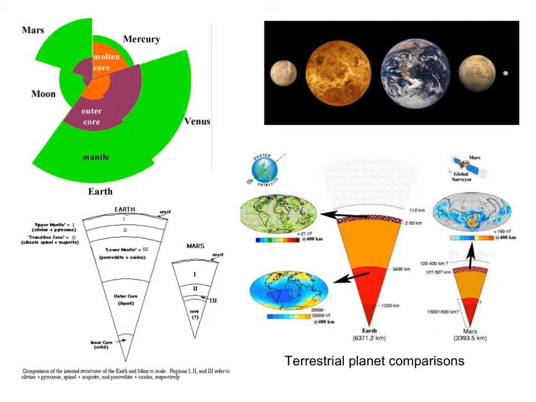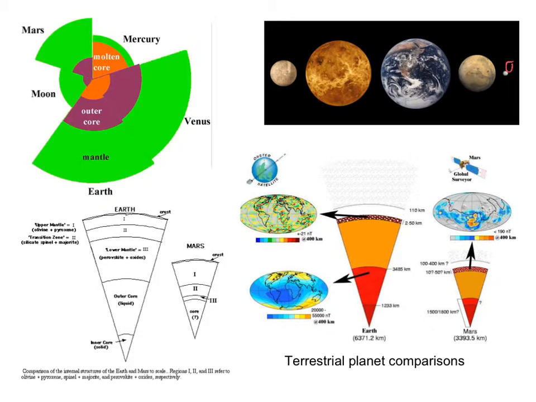Now, how do Mars and the other terrestrial planets differ from the Earth? Clearly, we don't have as good data for Mercury or Venus or Mars, or that figure shows Ceres, which is the dwarf planet out in the asteroid belt.